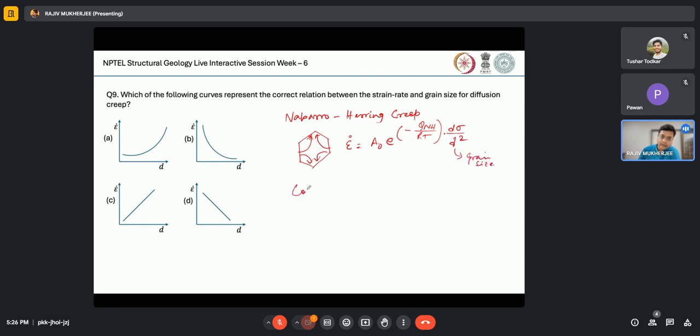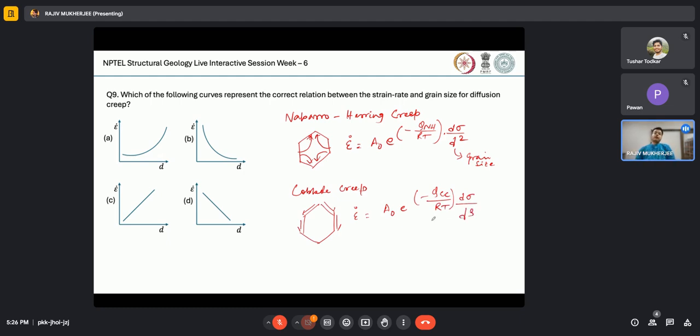And for Coble creep, the materials diffuse from the periphery of the grains, from the boundaries. Yes, it follows the grain boundary path. This is the diffusion path. And the equation is written pretty much in the same fashion, e to the power minus the energy for Coble creep, times differential stress divided by d cube.